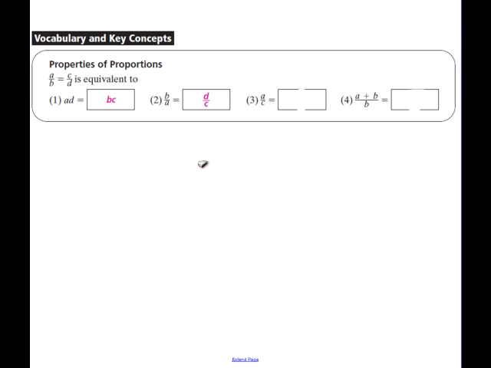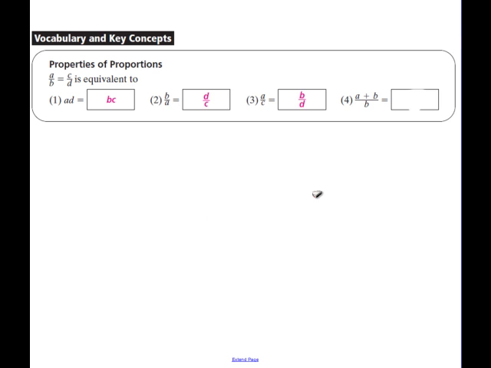So b over a is also going to be equal to d over c, taking the reciprocal of both sides. And there's lots of other rearrangements. So if you have a over c, you can see a pattern emerging over here. You're going to get b over d is what it is equivalent to. So you can follow the pattern that's going on here and get all of these different equalities.